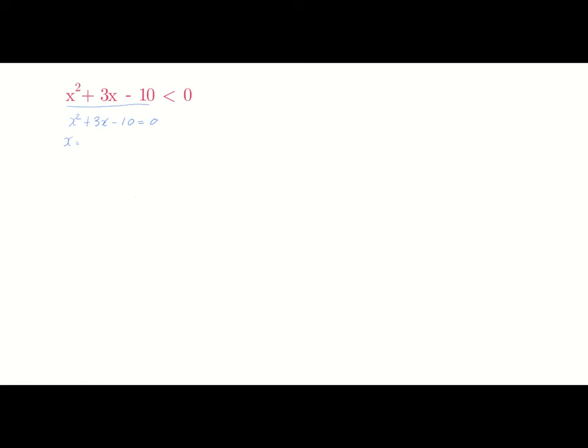We got x equals negative 5 or x equals 2. So we have the x-intercepts negative 5 and 2. Now we know this is a positive parabola because the x squared term is positive.